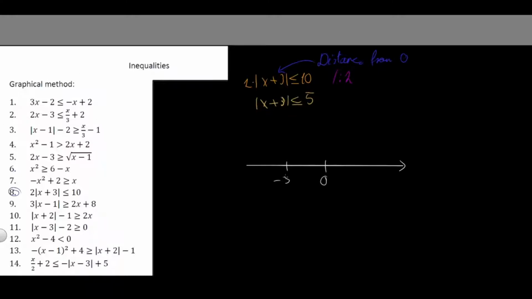So let's say that minus 5 is here, and approximately 5 is somewhere maybe here approximately.